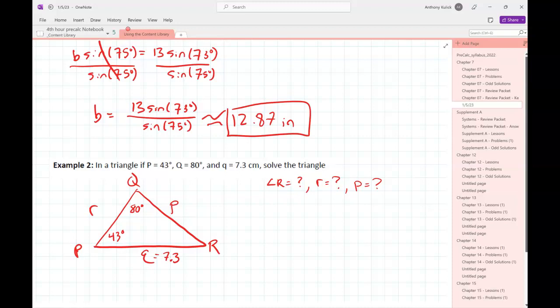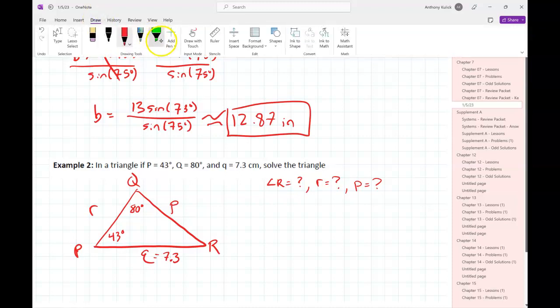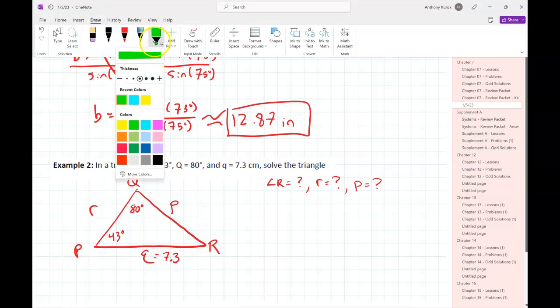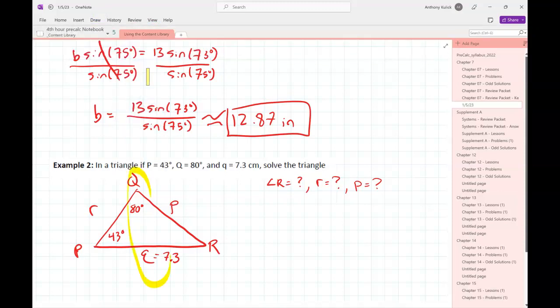Okay, so first off, actually I have 2 choices as to what to do first, right? Notice unlike the previous problem, here I have an angle and its opposite side. So I could solve for side P first, since I know angle P. Or I could solve for angle R first.